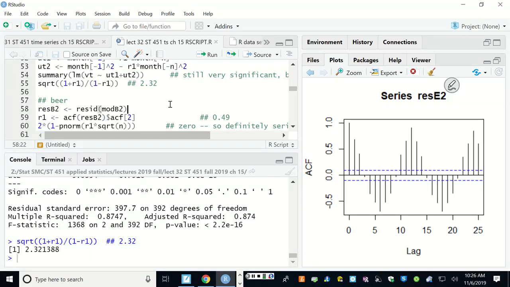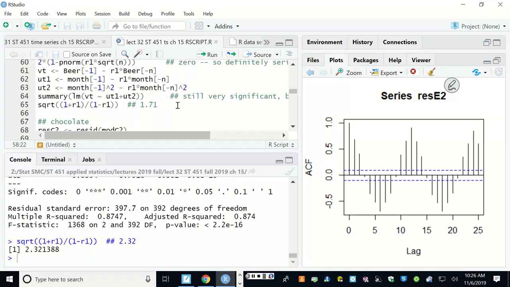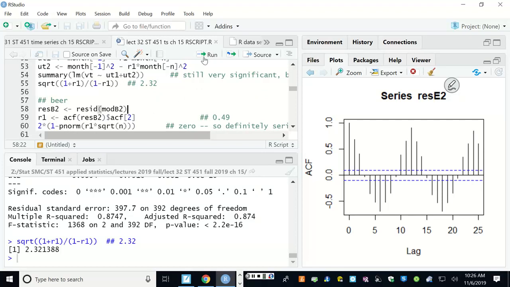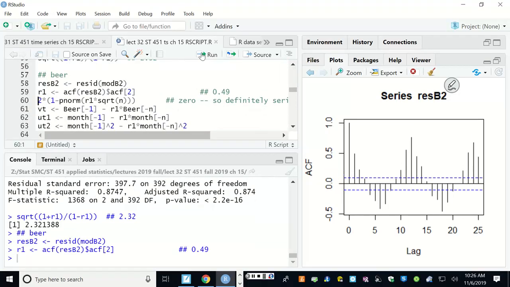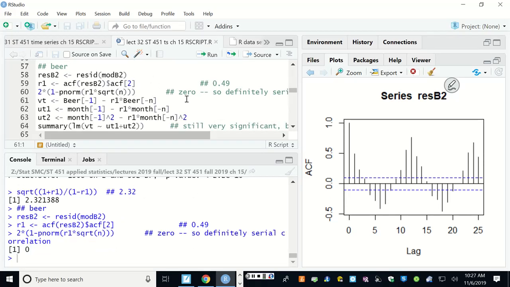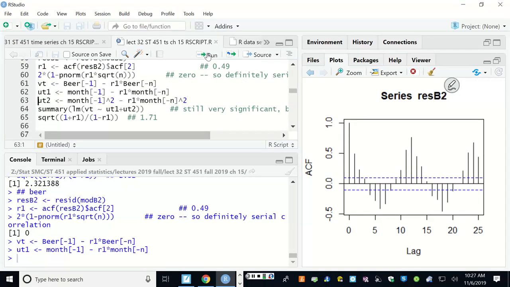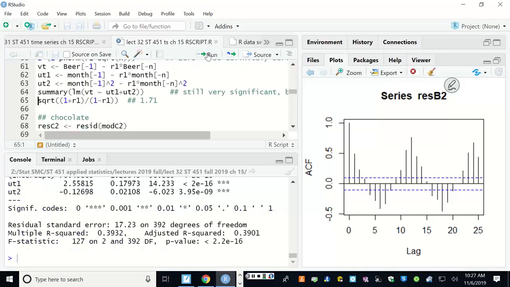If you do this with the other ones, the Beer or so on, so here's the residuals from the Beer series. That, again, has a sinusoidal, seasonal pattern. R1 is, in this case, 0.49. It's definitely there. If you filter those, and then run that sum rate versus the sum rate of mod E2.